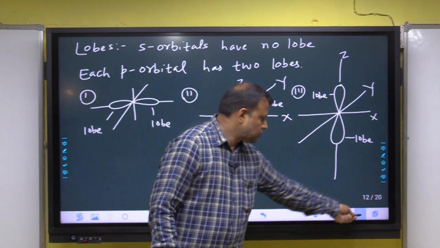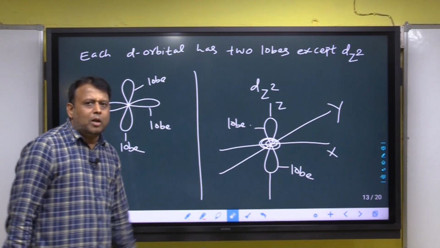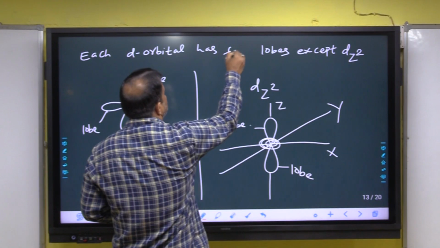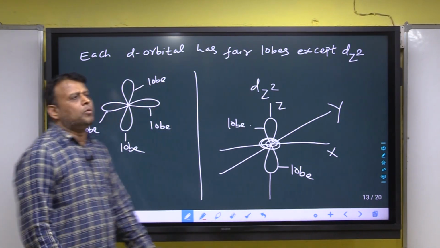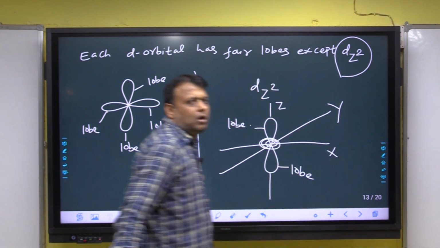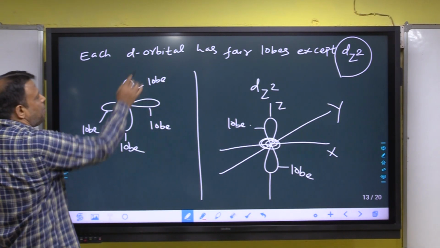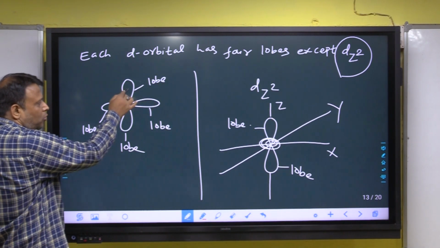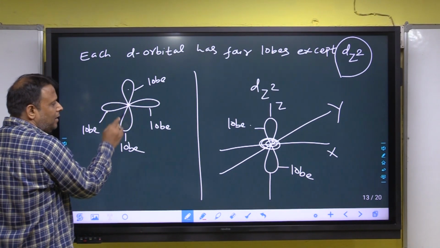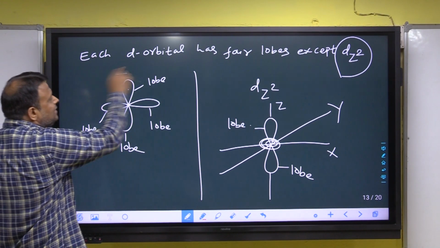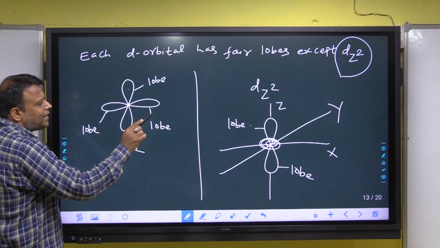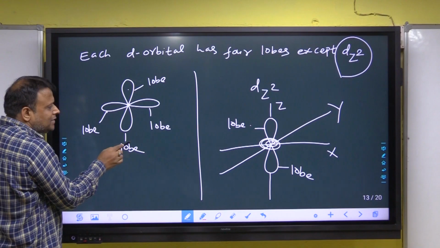Next, each d orbital has 4 lobes, except dz square. Listen, in the case of d, it is a double dumbbell shape: one dumbbell, second dumbbell.